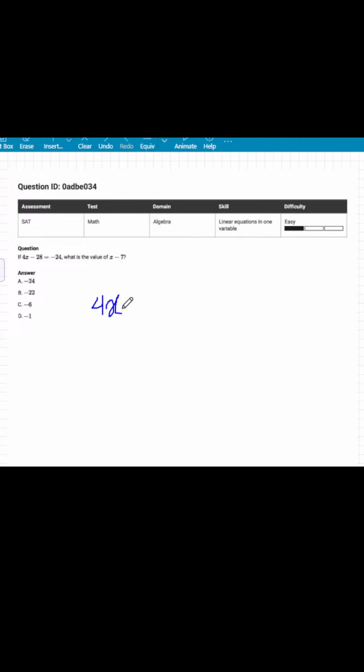So we have 4x minus 28 is equal to minus 24. Then we can write 4x is equal to 28 minus 24, which is 4. So that gives us x is equal to 1.